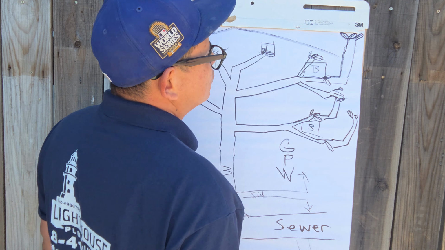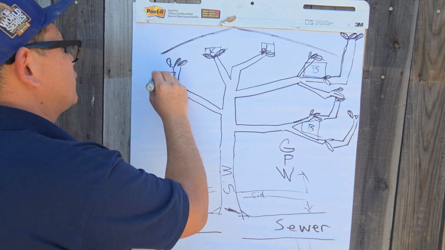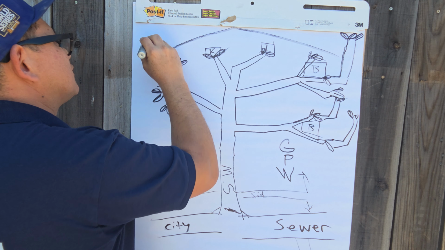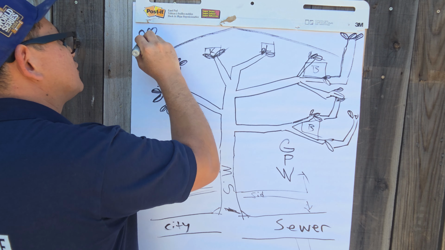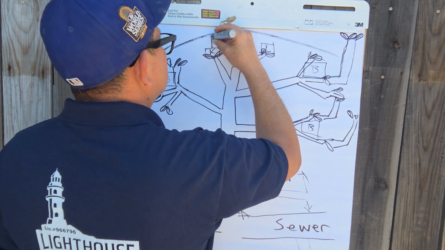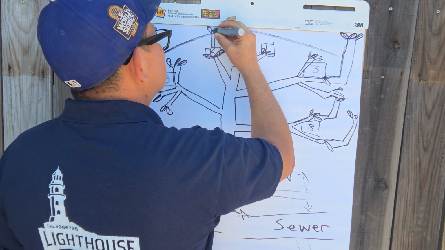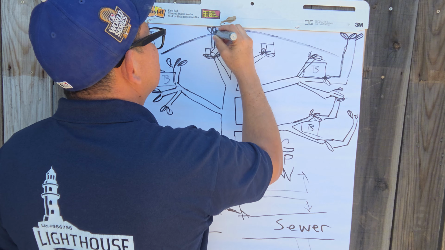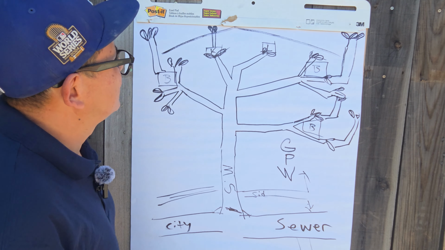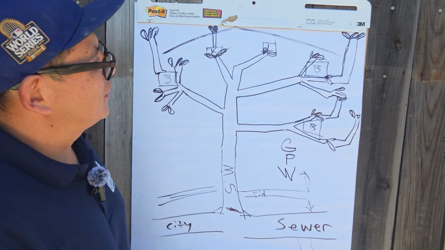So this is your main sewer right here, and same thing for right here. You get the idea. Let's just say this one is 3 inches on the vent. Your kitchen is 1.5 inches, so I'm gonna draw two leaves, right?